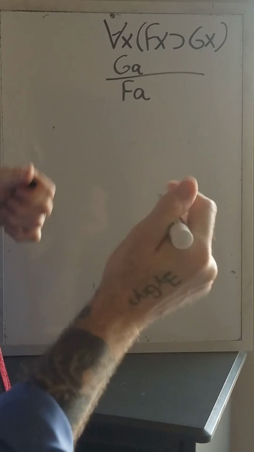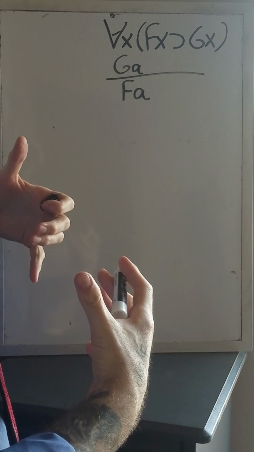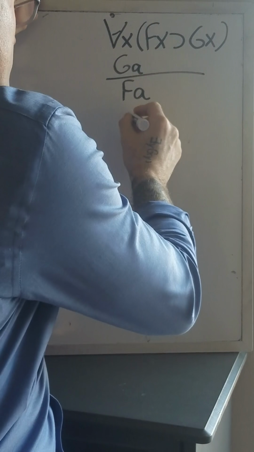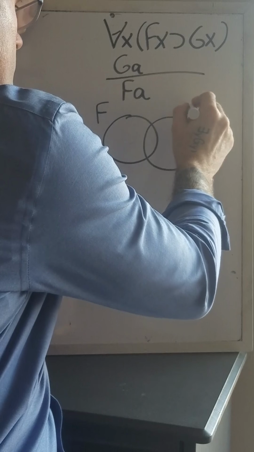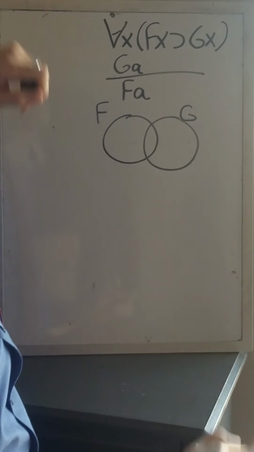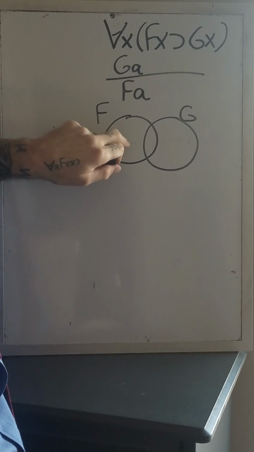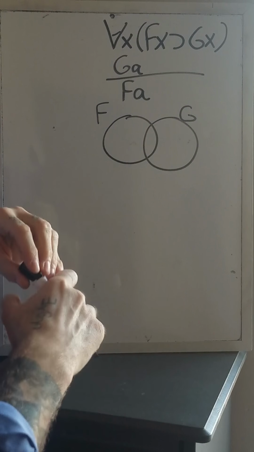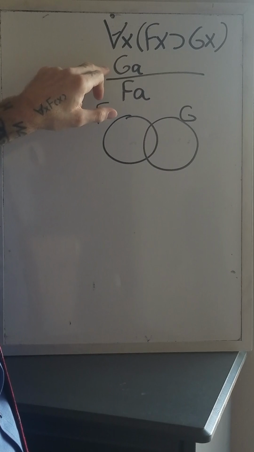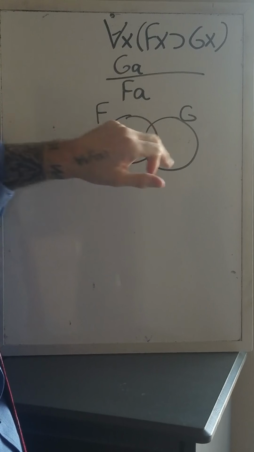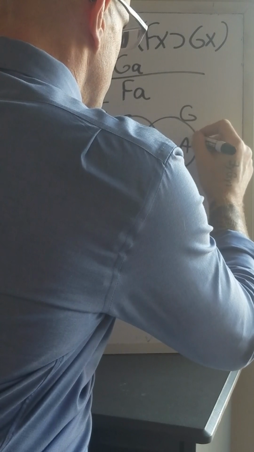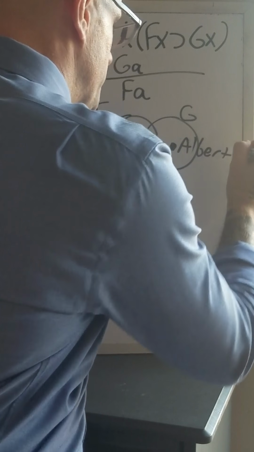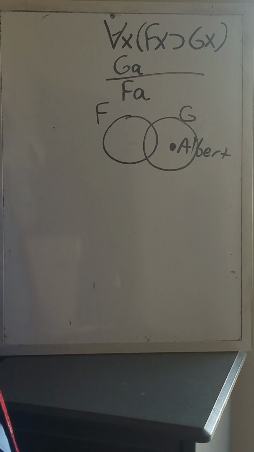So let's sketch ourselves a little visual model to work with. Okay, so we have the extension of f and the extension of g. Well, we know that whatever a is is in g, so let's say a is Albert, okay?